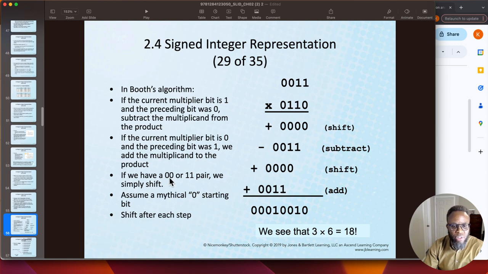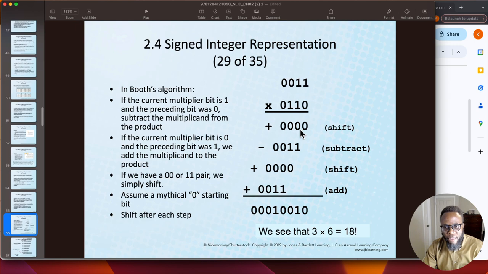If we have a 0, 0 or 1, 1 pair, we simply shift. So these are some rules. If the current multiplier bit is 1 and the preceding was 0, we subtract. But in the case where you have a double 0 or a double 1, we simply shift. In this case, we had a double 0 and a double 1, we shift.